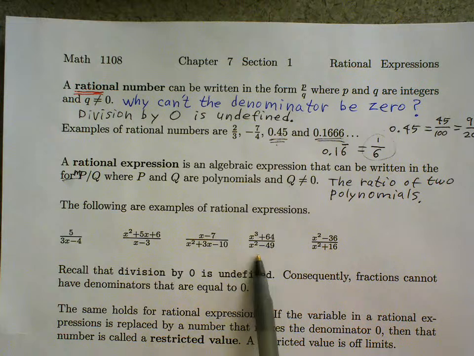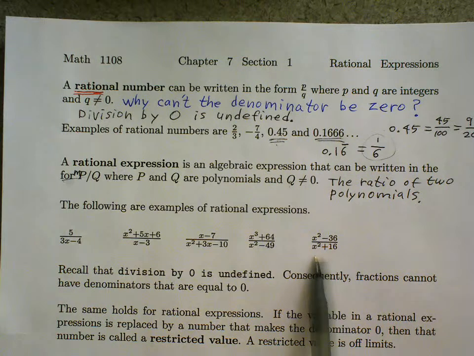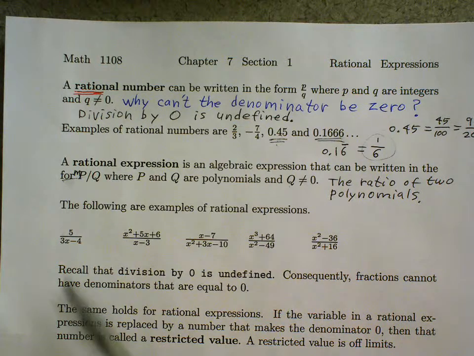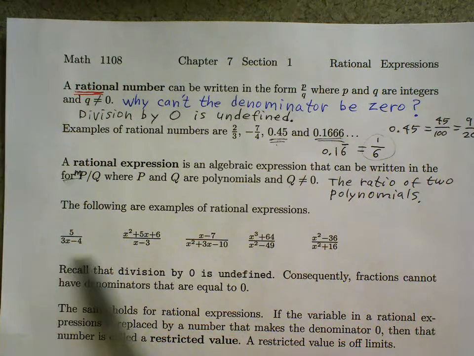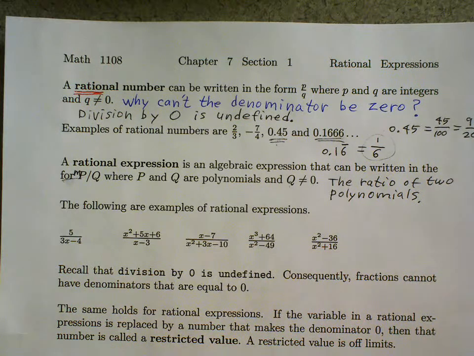Another example, x to the third plus 64 over x squared minus 49. And then the fifth example, x squared minus 36 over x squared plus 16. So there are infinitely many ways that we can write examples of rational expressions.